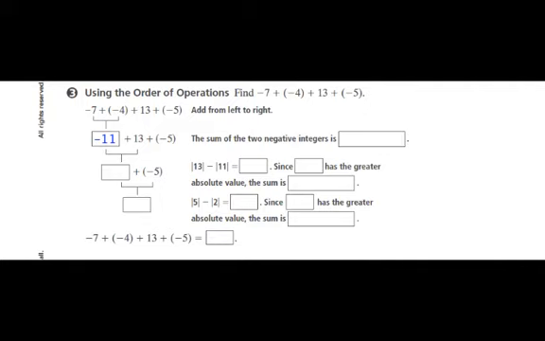So now we have the problem -11 plus 13 plus -5. Next we'll take -11 plus 13. That's +2. So now we have the problem +2 plus -5. That gives us -3. So -7 plus -4 plus 13 plus -5 is -3.